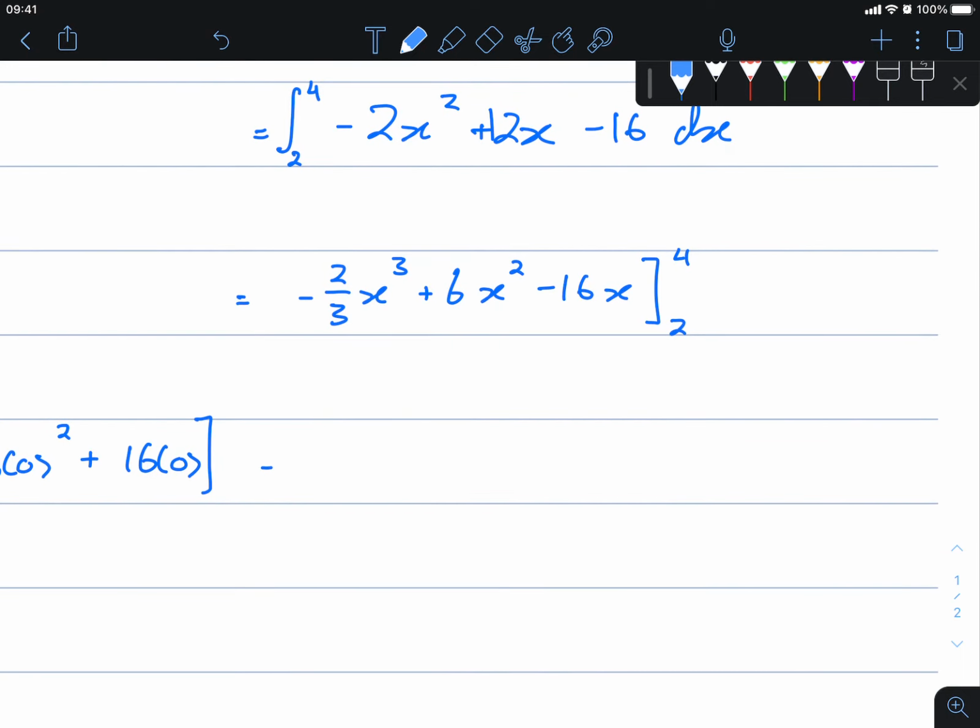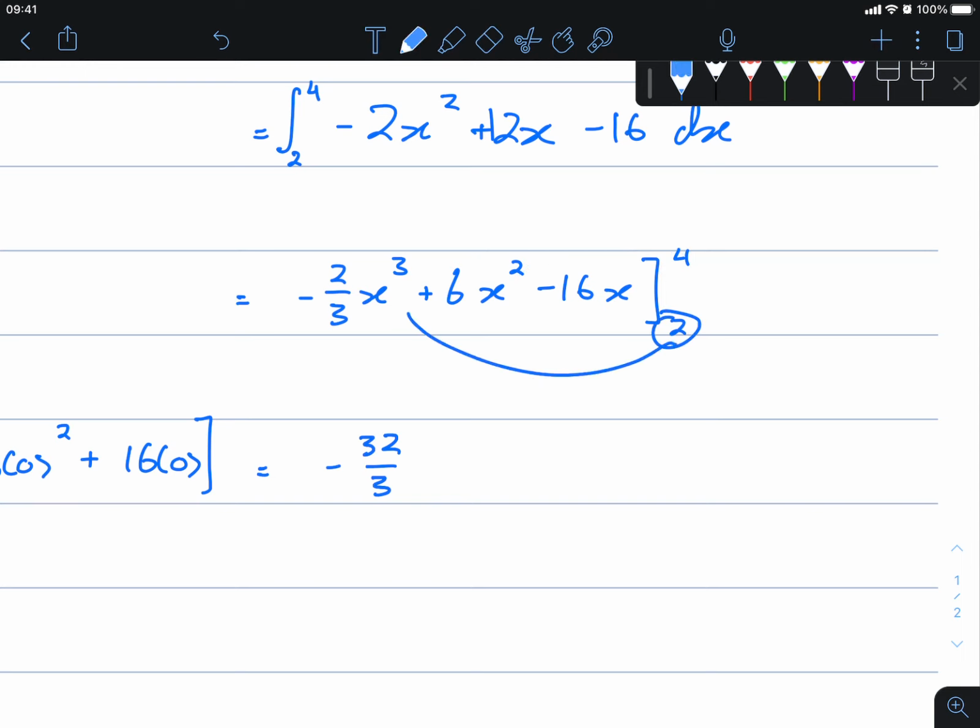I'm just going to substitute it straight away for 4. So substituting 4, I get negative 2 over 3 brackets 4 to the power of 3 plus 6 brackets 4 squared minus 16 times 4. I'm getting negative 32 on 3. That's when I substitute 4.